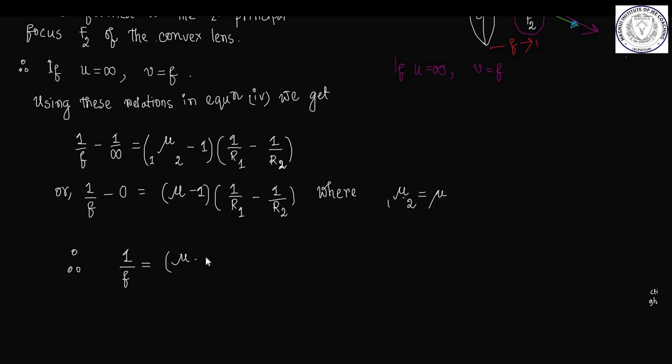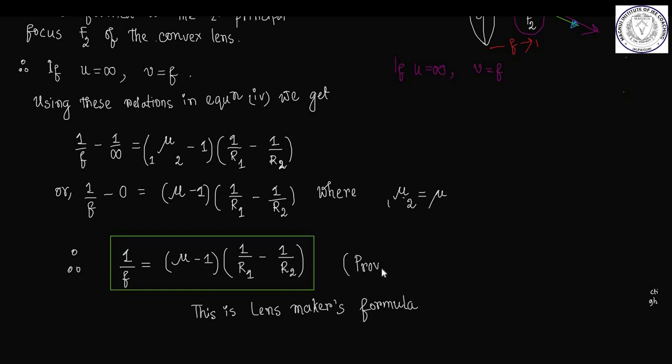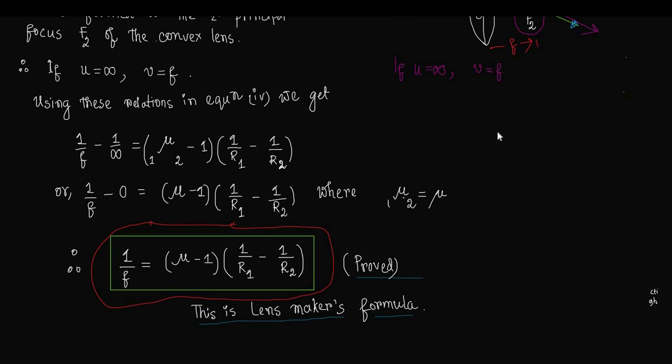Therefore, 1 by f is equal to (mu minus 1) into (1 by r1 minus 1 by r2). This is the Lensmaker's formula for a convex lens. Hence, this formula is proved.